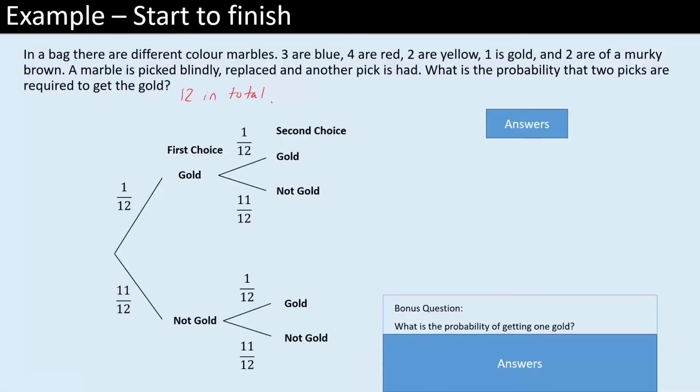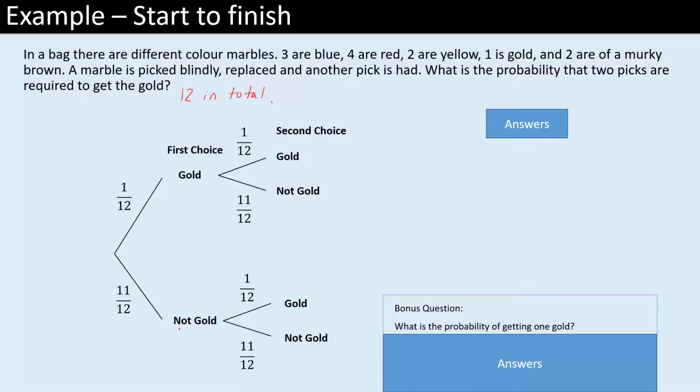So now we want a particular scenario of this. We want the probability that 2 picks are required to get the gold. So that means that we don't get a gold on our first chance. That's this one here. And then we do get a gold on our second chance, which is this branch here.